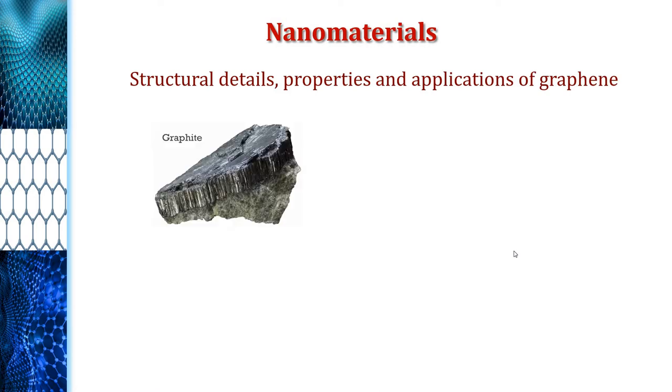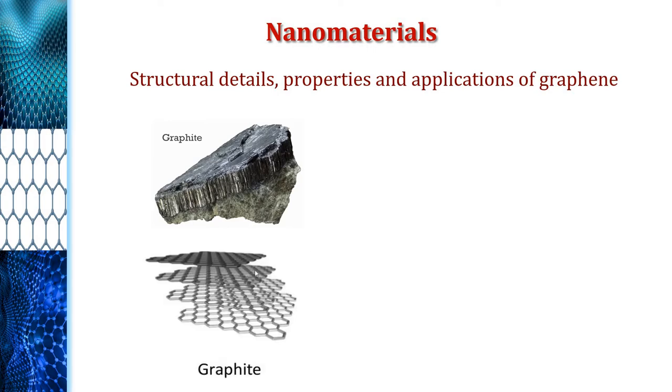So graphene is available in nature in the form of graphite. Graphite is made up of many graphene layers arranged one on top of the other.